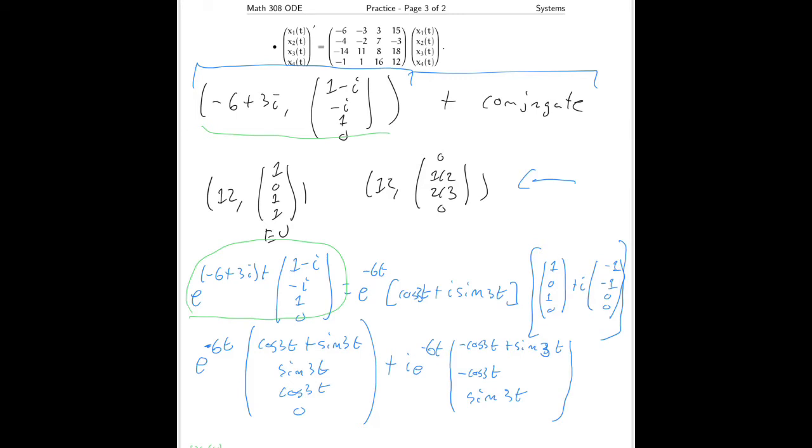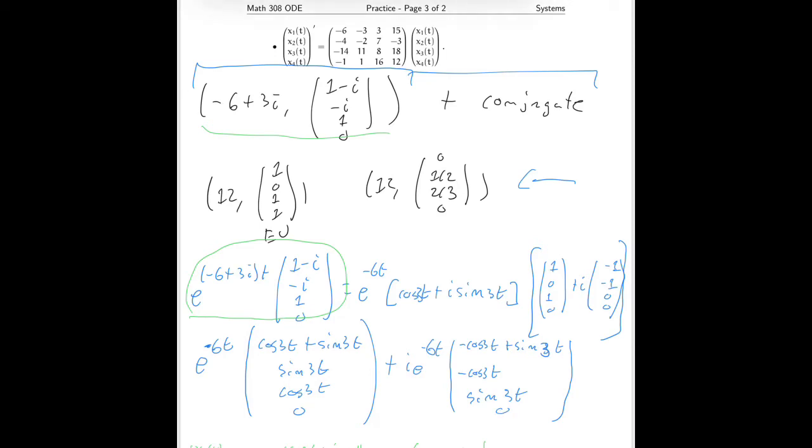So that's going to be a times e to the minus 6t times cosine 3t plus sine 3t, sine 3t, cosine 3t, 0, plus b times e to the minus 6t, and this is going to be minus cosine 3t plus sine 3t, minus cosine 3t, sine 3t, 0. Sorry, I forgot the 0 here.